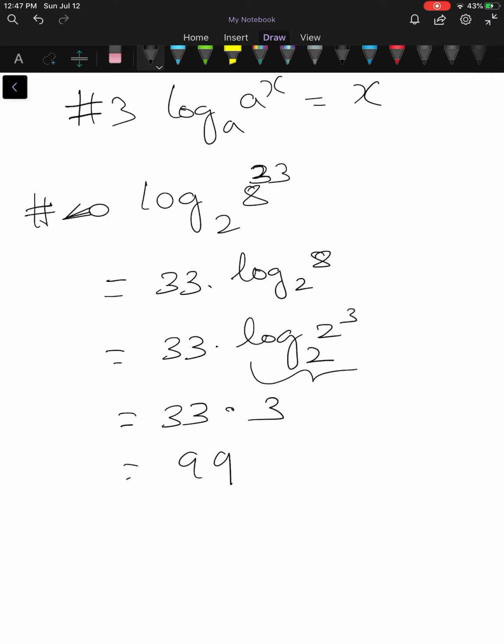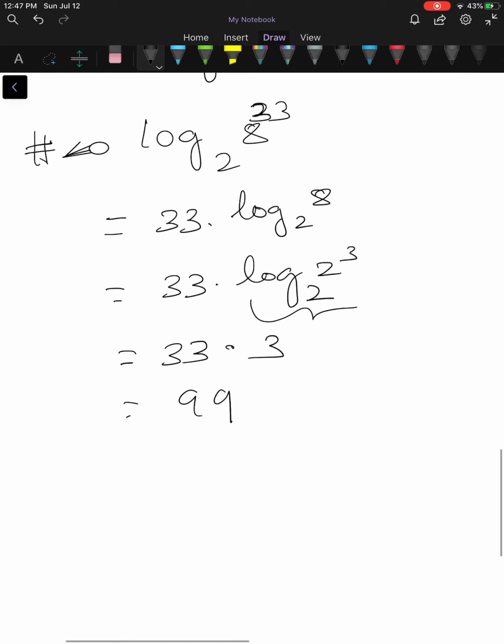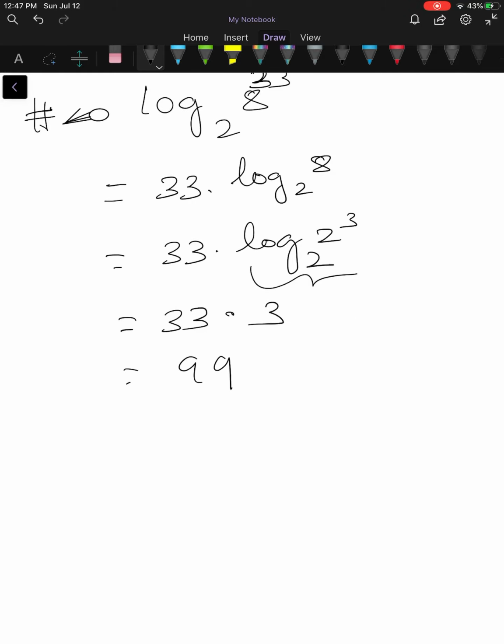I hope you understood how to solve using laws of logarithms as well as properties of logarithms. So now we will expand and combine logarithmic expressions. So you just have to either expand the expression or combine.